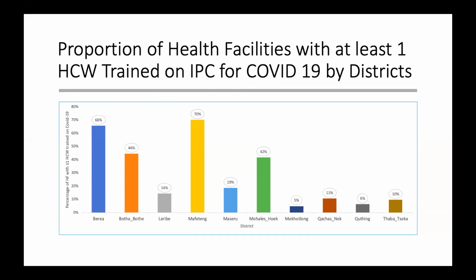As you can see, we still have to cascade our trainings to all the districts, so that our coverage of facilities with at least one person trained on IPC for COVID can be increased.